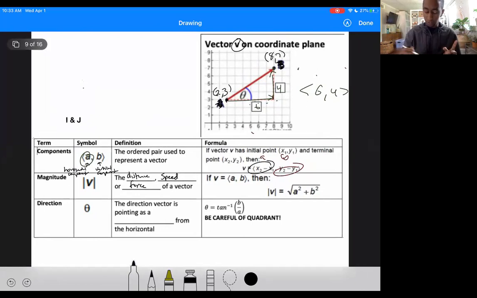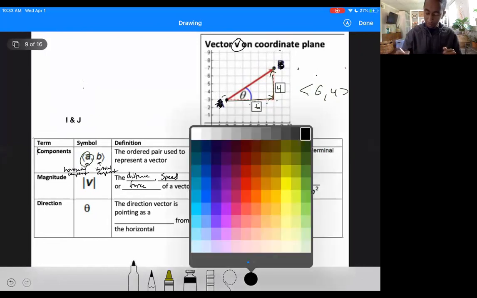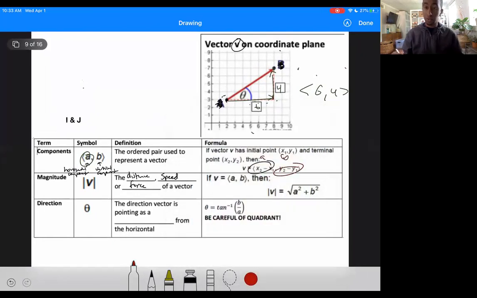So how we would find that distance is using this formula, okay? So the magnitude equals the square root of a squared plus b squared. And all that really is just the Pythagorean theorem, right?